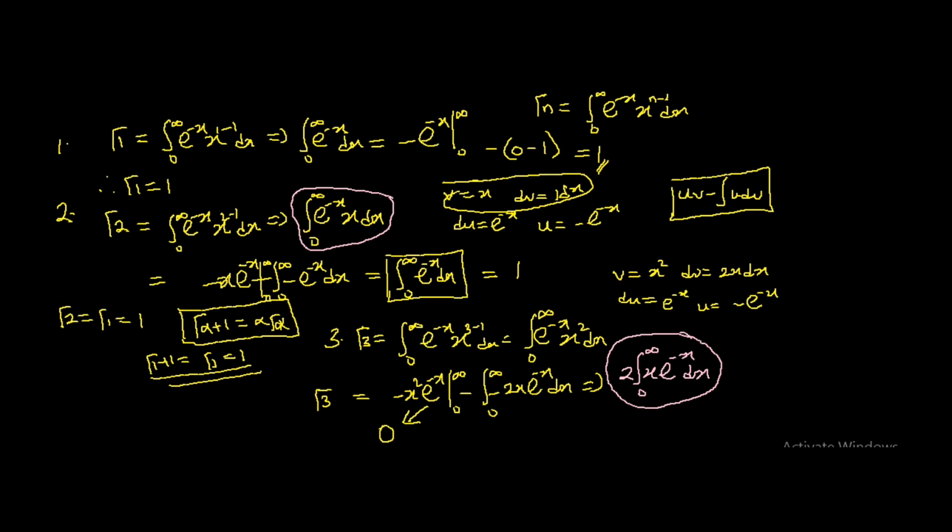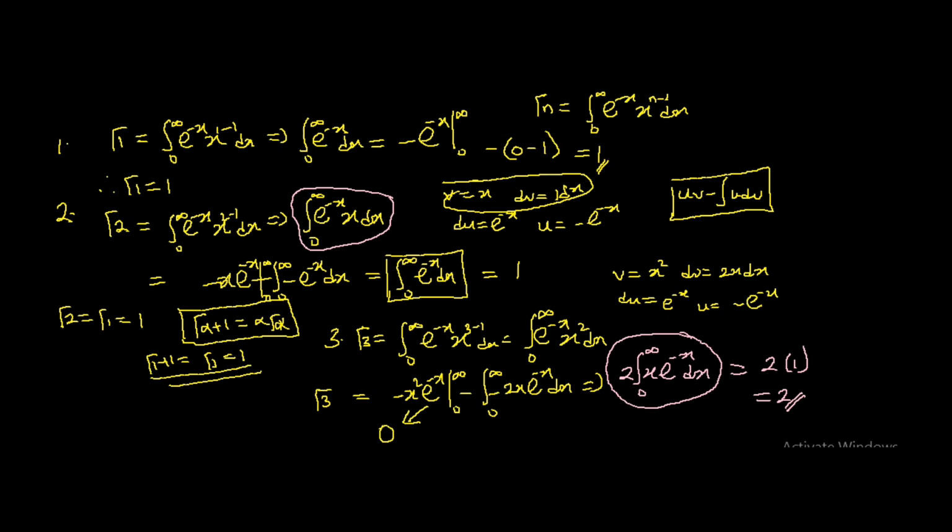This is gamma 2, it gave us 1. So that means we are going to have 2 times 1, which is going to give us 2. So gamma 3 here is going to give us 2.